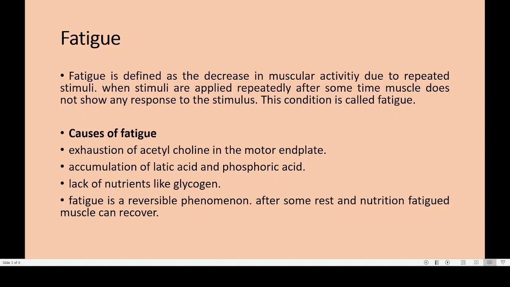Then, fatigue is a reversible phenomenon. That is why we call it a reversible phenomenon, because after some amount of rest, and when we give the enough nutrients back, the muscle will be able to recover from it, and it can again perform the normal functions.